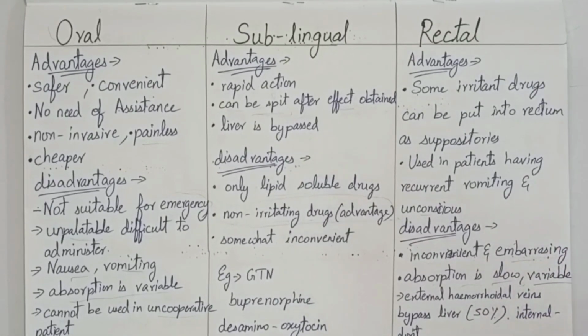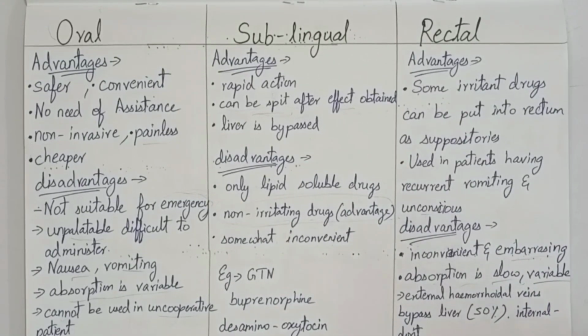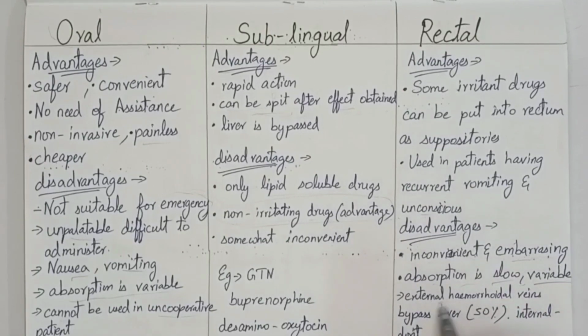But when the internal hemorrhoidal veins absorb the drug, it generally passes through the liver first. So first pass metabolism acts in the internal hemorrhoidal veins, while in the external hemorrhoidal veins the liver is bypassed. Examples of the rectal route are paracetamol and diazepam.